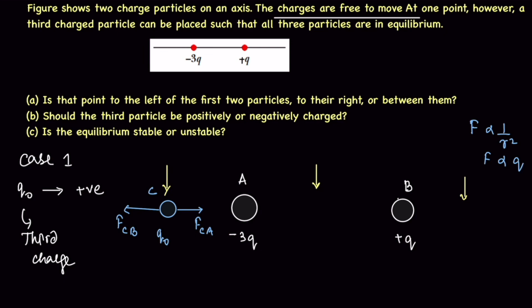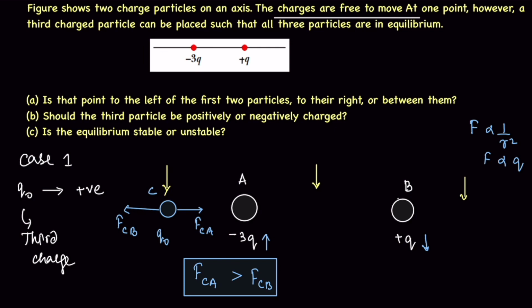What will happen if you see the magnitude of A is 3 times more than the magnitude of B and the distance of A is nearer to the charge C than the distance of B to the charge C. So from that we can say that force of CA is greater than force of CB. So no equilibrium is formed in this case.